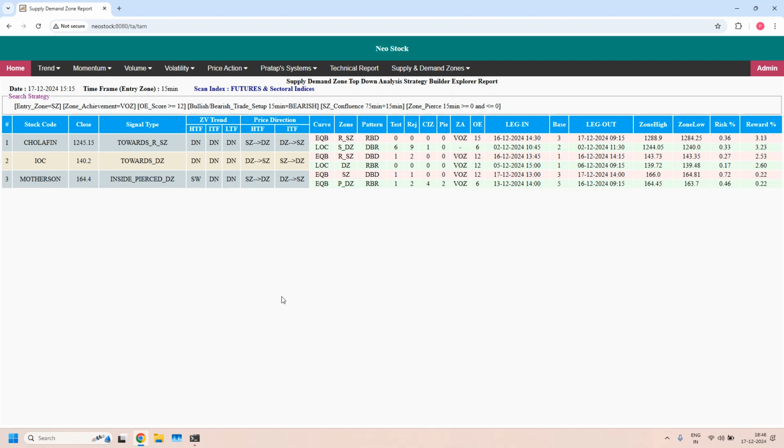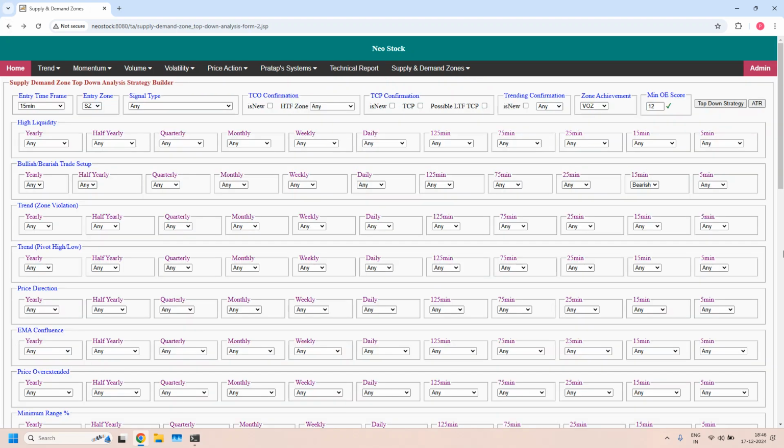That's why if the 75 minute supply zones are having daily EMA confluence, those stocks could be even more high probability trade setup supported stocks. Let us verify. In the EMA confluence at 75 minutes time frame, the 75 minute supply zone having daily EMA confluence filter is enabled.